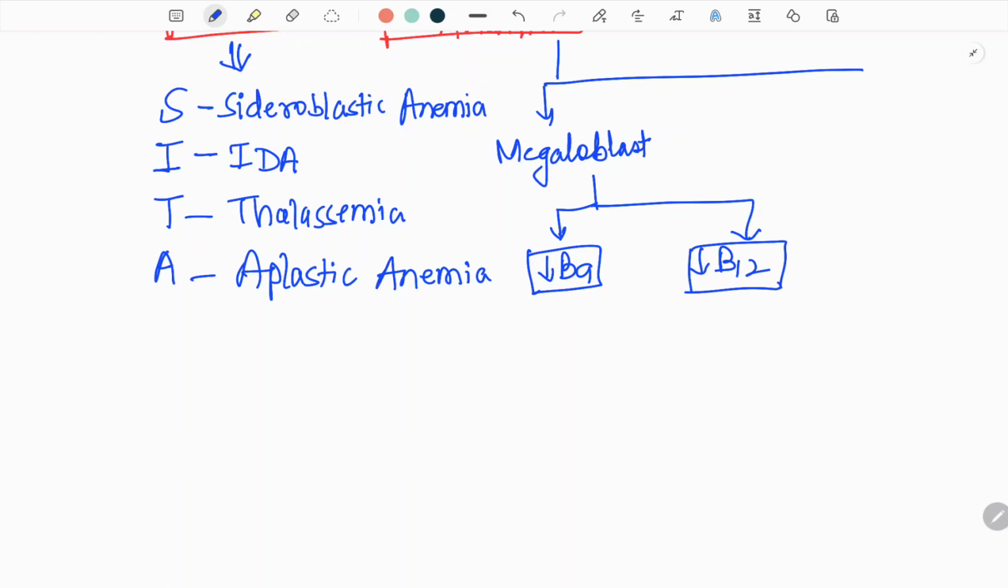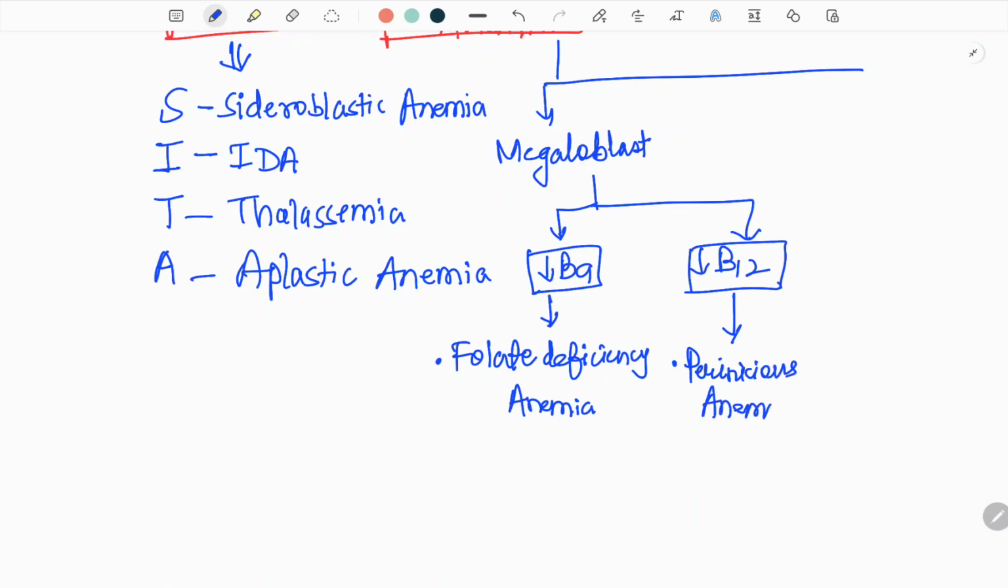We'll discuss it later, but for simplification I am telling, if you find megaloblast on peripheral blood smear, then look for whether vitamin B9 level is low or vitamin B12 level is low. If B9 level is low, you will designate it as a case of folate deficiency anemia. And if B12 is on the lower side, you will designate it as a case of pernicious anemia. Pernicious anemia.